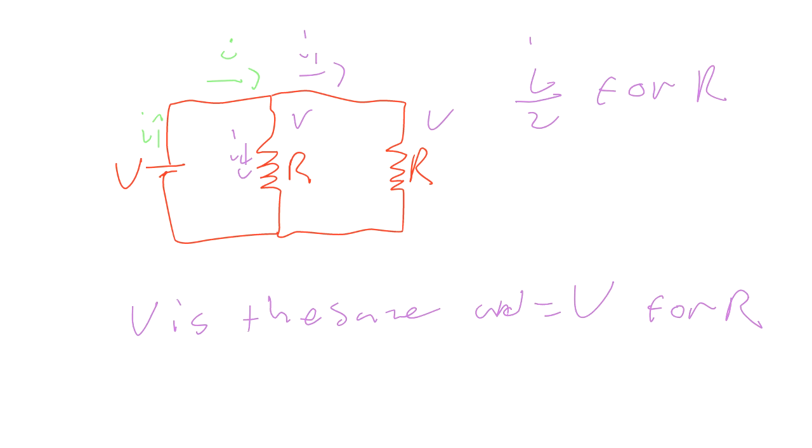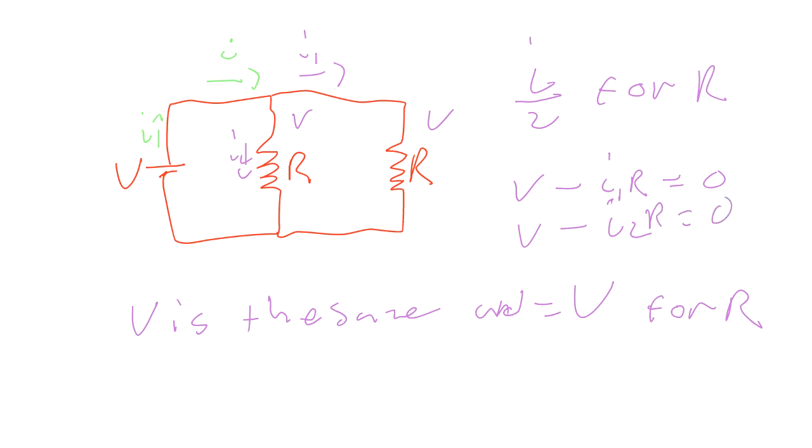Now if you want to see it in terms of the loop law, you can do that. You can start at a point, go around, and you get V minus I1R equals 0. And you also get V minus I2R equals 0.